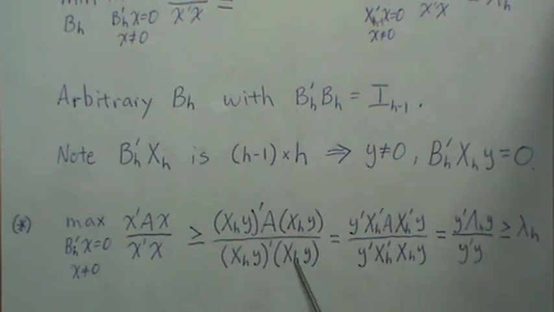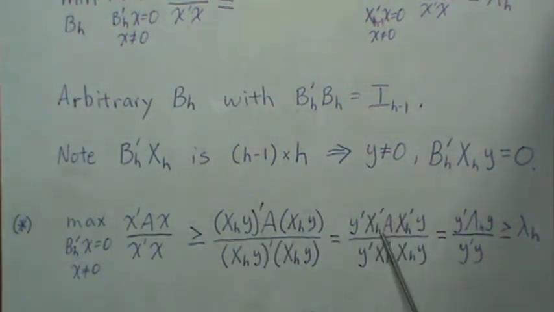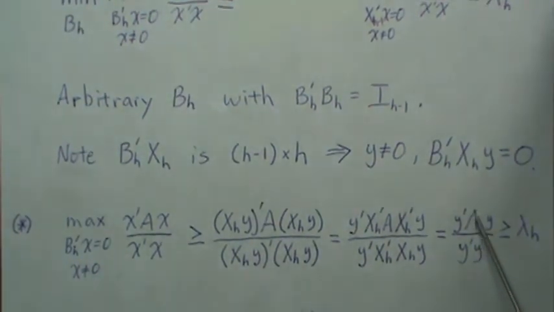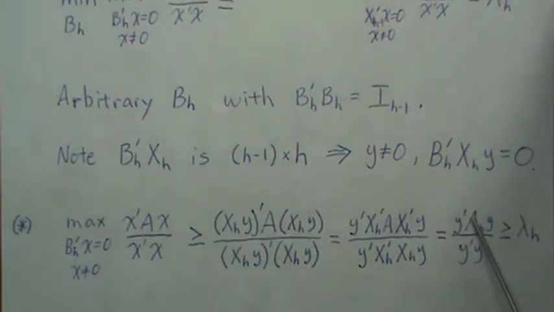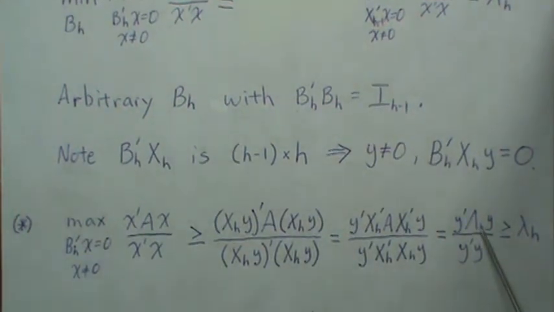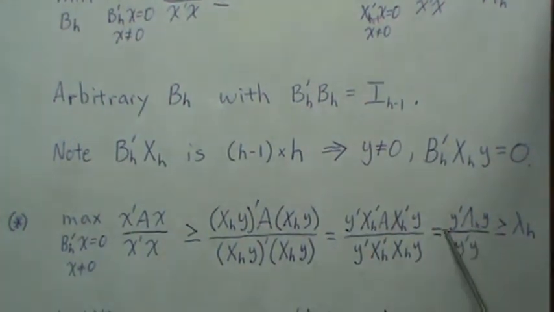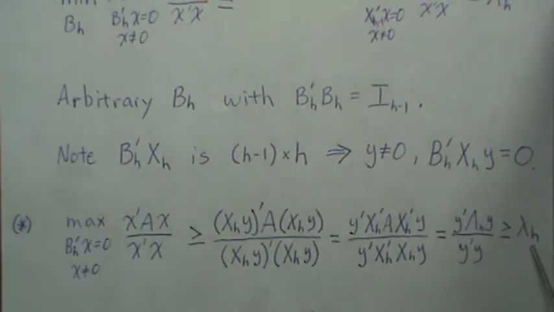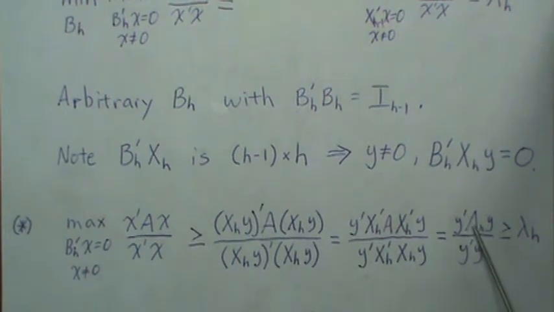So then if we look at this quantity, take the transpose, and then this piece here is part of the spectral decomposition. It is lambda H, where the diagonal is the H largest, lambda 1 through lambda H, and this has to be greater than the smallest eigenvalue in there.